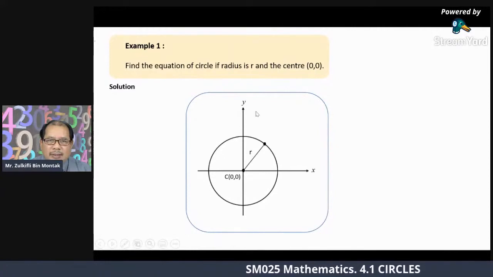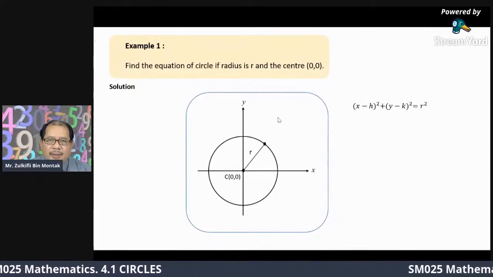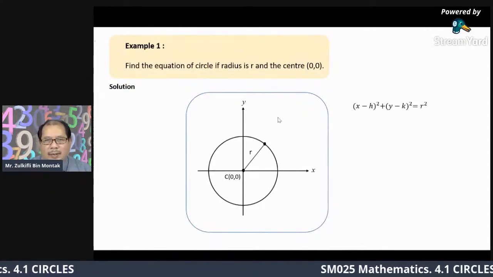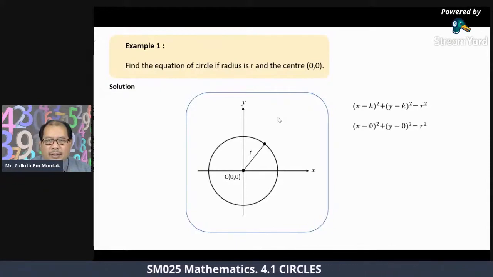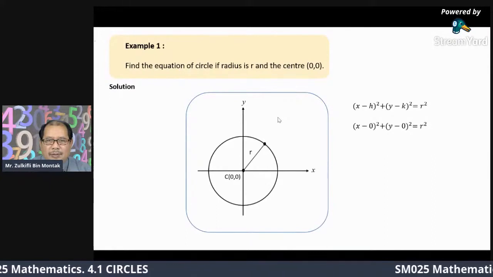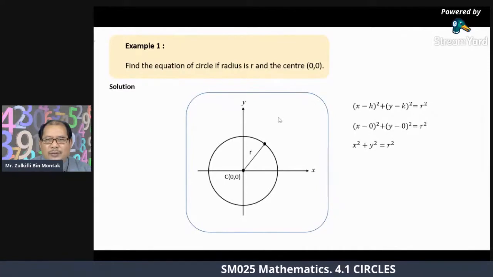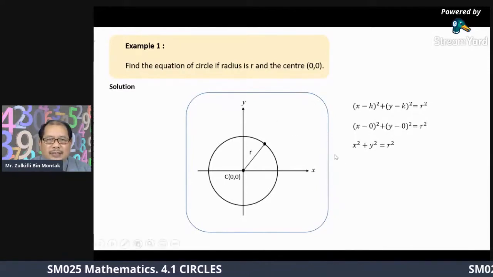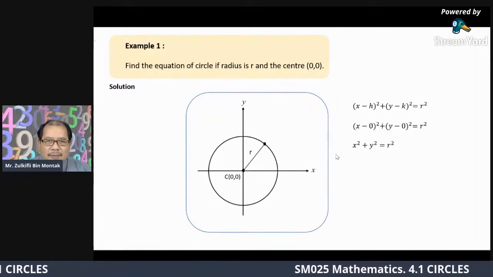So we use the standard form x minus h square plus y minus k square equal to r square. When h and k equal 0, we get x minus 0 square plus y minus 0 square equal to r square. Now we get the equation x square plus y square equal to r square. This is the equation for circle if the center is (0, 0) and the radius equal to r.